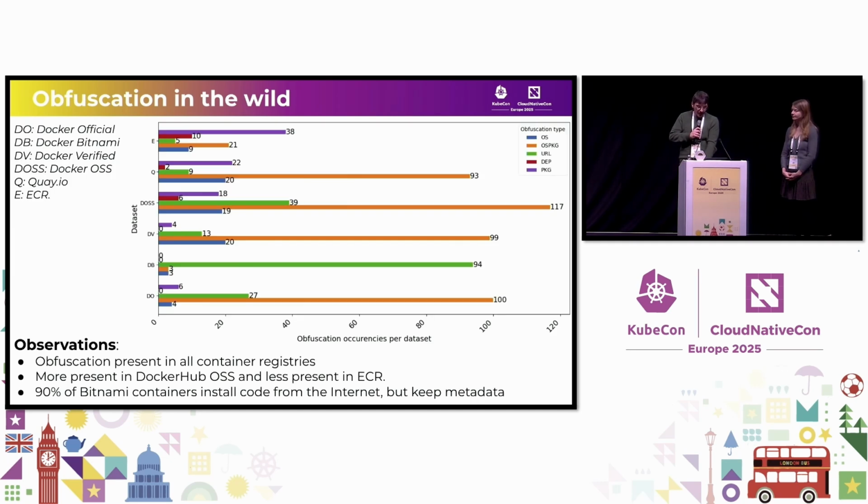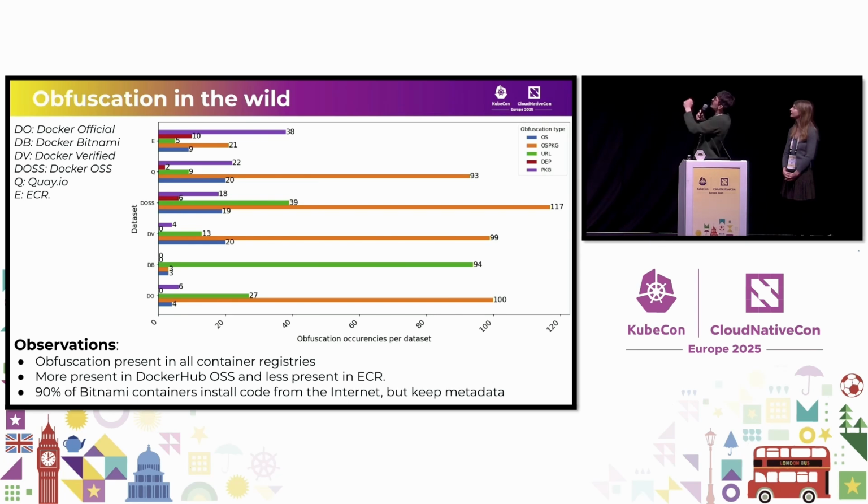Then we computed the same results, but we grouped them by dataset. The observation that we see is that obfuscation is present in all of the containers, so all of the registries. So it means that there is a small but not significant difference in the amount of obfuscation from hobbyist to production grade containers.